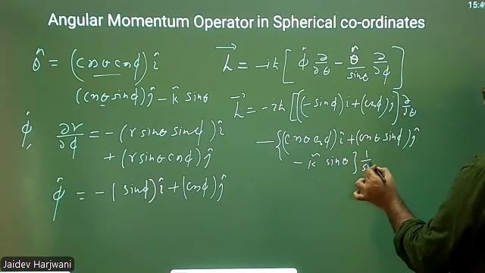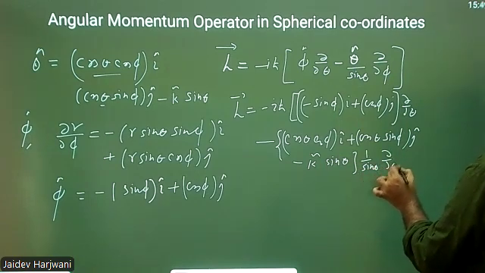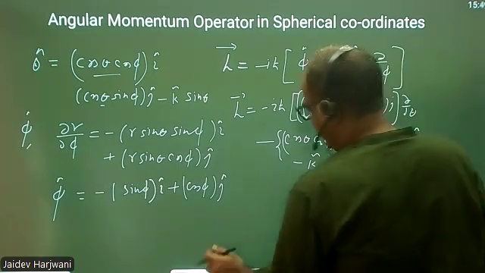So 1 divided by sin theta del upon del phi. So this is my L.